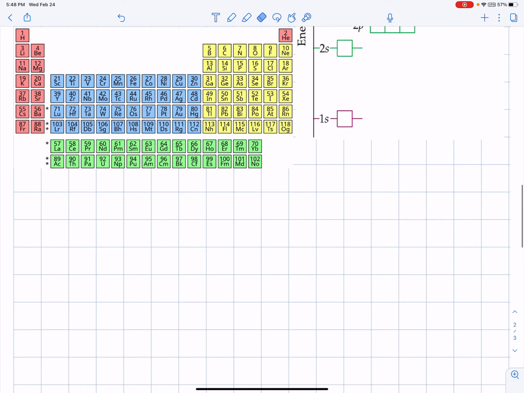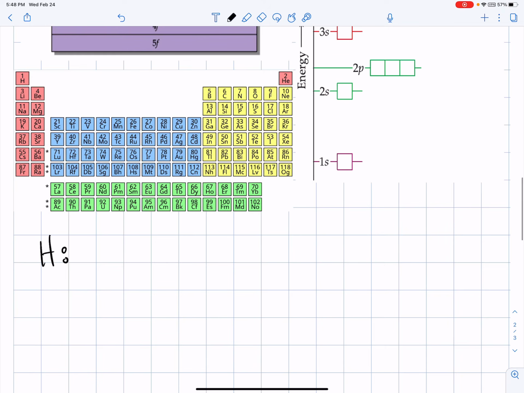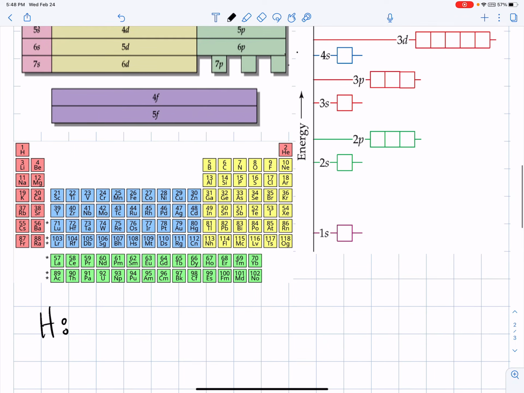So let's jump in and do some electron configurations. Let's begin with the simplest element, hydrogen. Hydrogen is the first element on the periodic table. It has just 1 electron. Its atomic number is 1. You can see that on the periodic table. If it has only 1 electron, I'm going to go over to the energy diagram on the right-hand side of the screen.